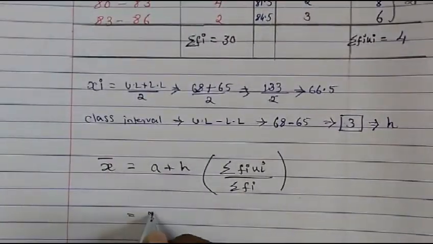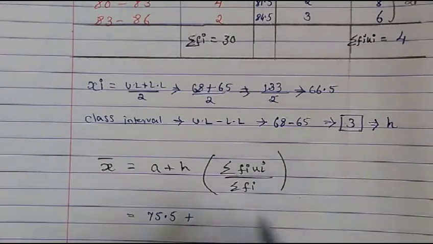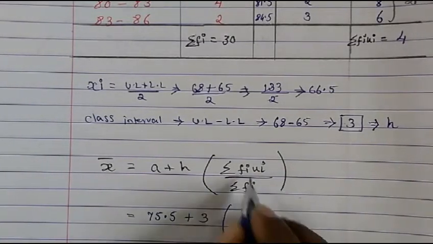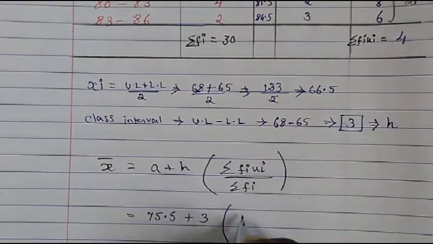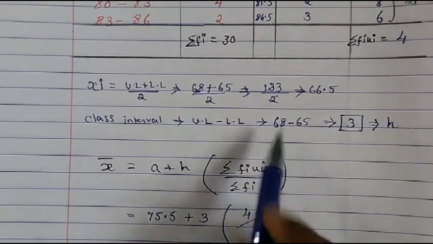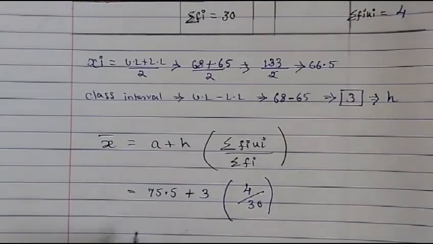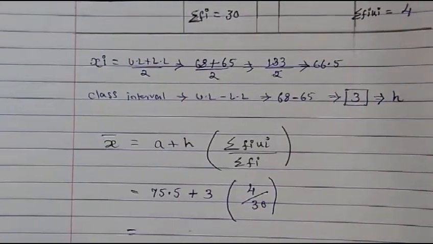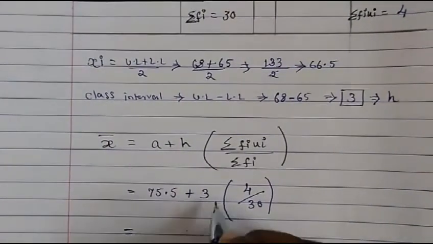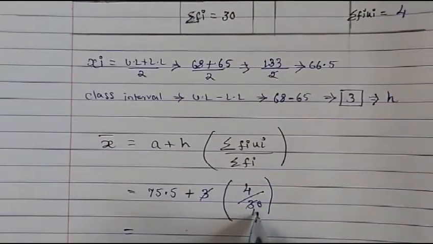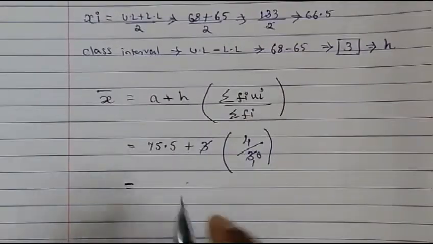So a is 75.5. 75.5 plus h we know, that is 3, times summation of fi ui, which is 4, upon total fi, which is 30.